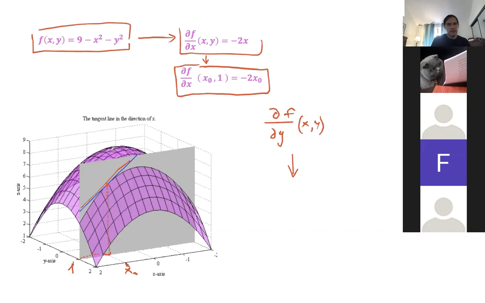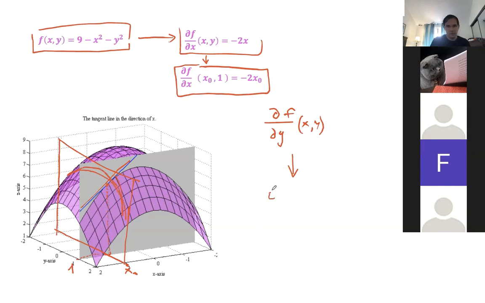So let's say maybe I'll take some plane in the domain of this function. Let's say, for example, something like this and something like this. Maybe I'm not sure how to draw this exactly, but something like this.